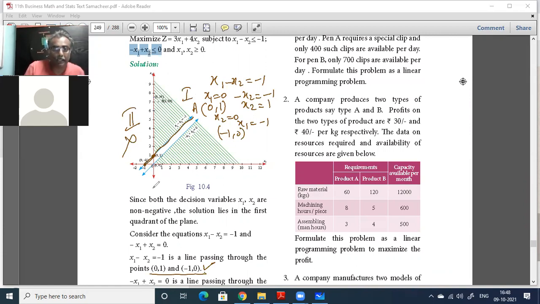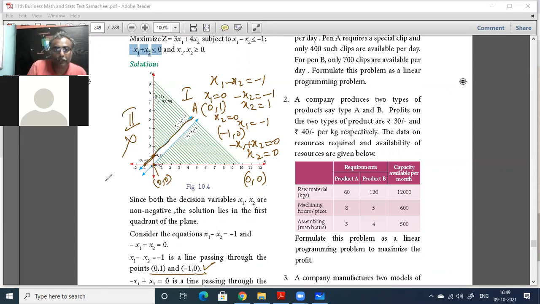Now look at this other line. The other line is -x1 plus x2 is equal to 0. Here put x1 equal to 0, then x2 is equal to 0. So this one becomes 0, 0, one point.